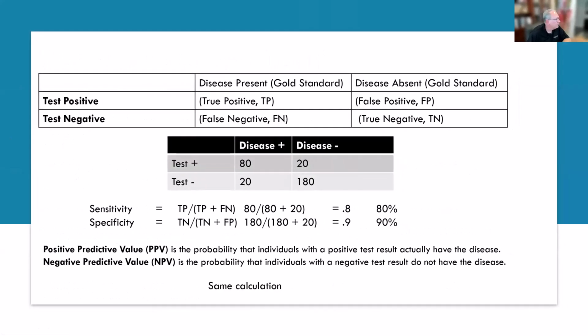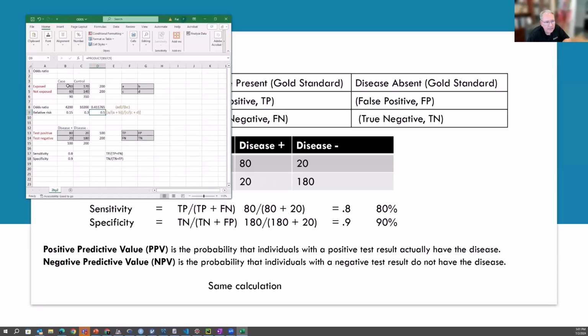Again, I have some examples here. It's in the same spreadsheet. So we're looking at the sensitivity, and it's with this next group here. I already have this built in. So we're looking at true positives and false positives, false negatives, and true negatives.